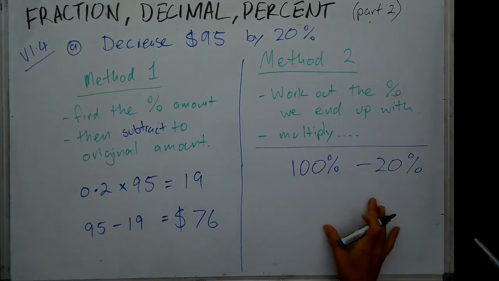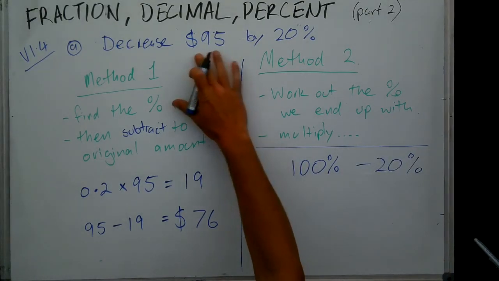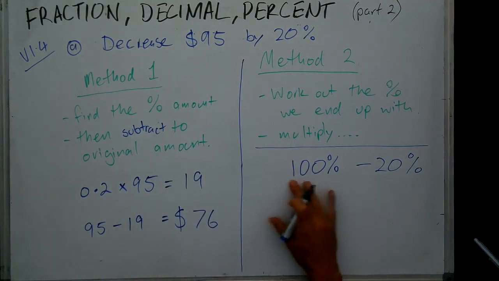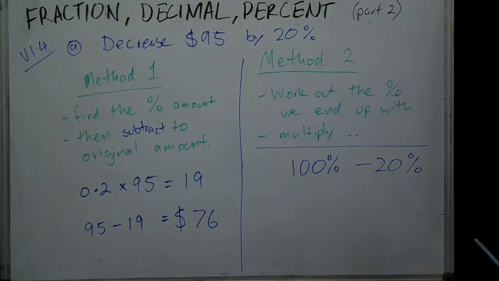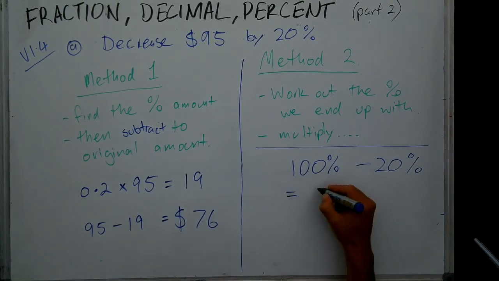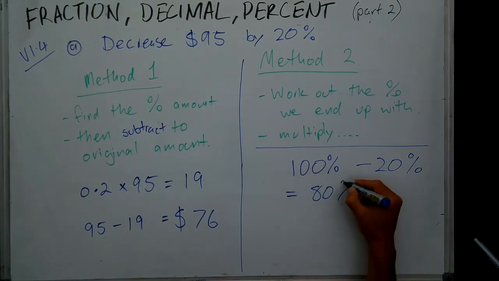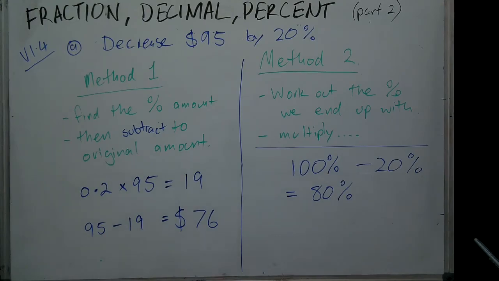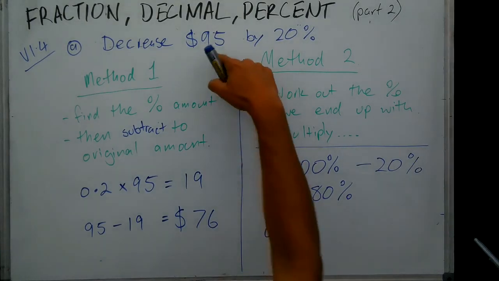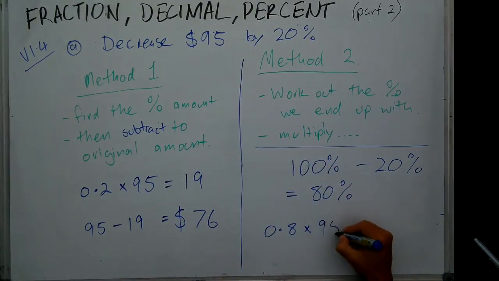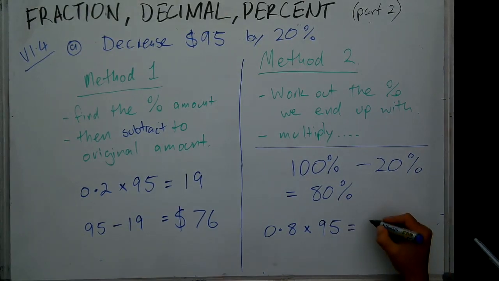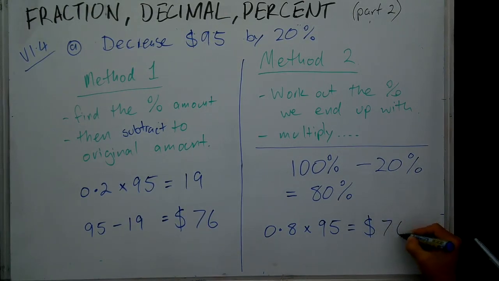And the reason we can do this is because we're talking about a percent of 95. 100% of 95, take away 20% of 95, is going to give us 80% of 95. So now we've found the percent that we're going to end up with, convert it to a decimal, multiply it by the number we're starting with, and this is going to give us directly $76.